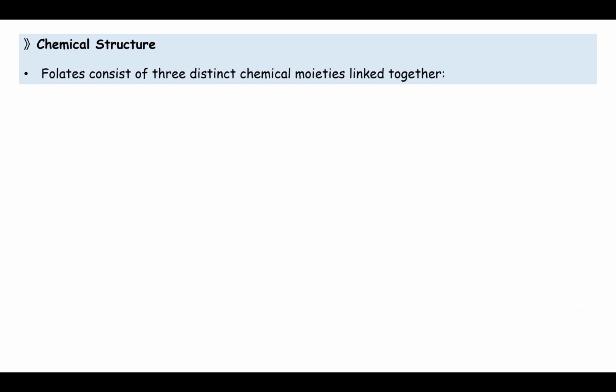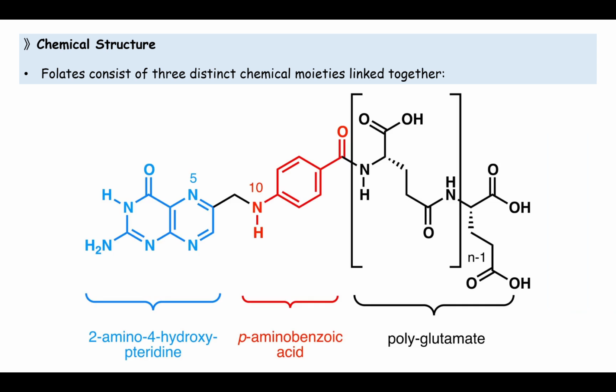On this slide, we introduce the chemical structure of folates. The key concept here is that folates consist of three distinct chemical moieties linked together. First, pterin, meaning a 2-amino-4-hydroxypteridine heterocyclic ring, provides the chemical backbone. Second, a p-aminobenzoyl group, PABA, connected via a methylene bridge. Third, glutamic acid or polyglutamate residue attached through an amide linkage.